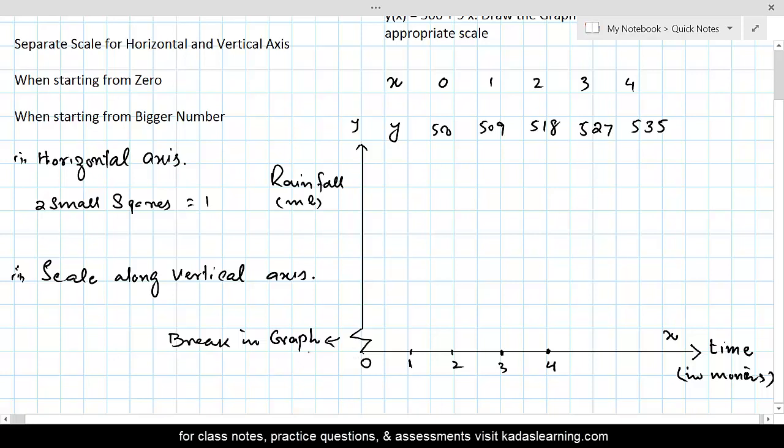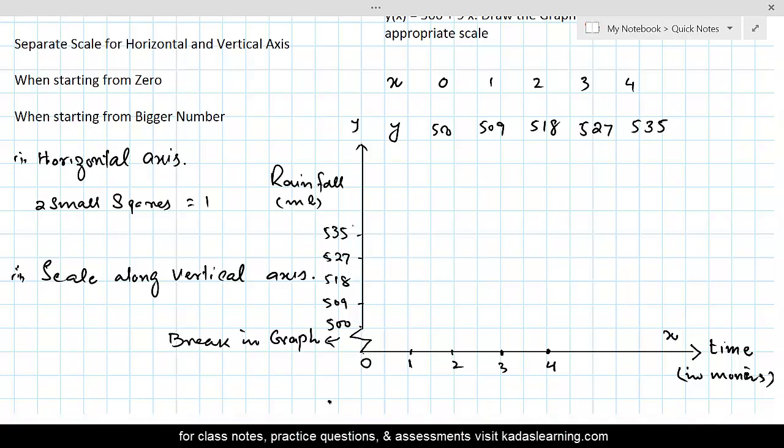You don't have to write, but for clarity, if you write break in graph, you can plot this as 500 and then choose one small square equal to 9. So this will become 509, and this will become 518, this will become 527, and this will become 535.